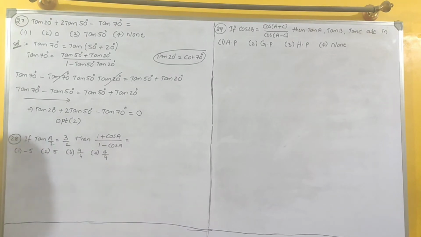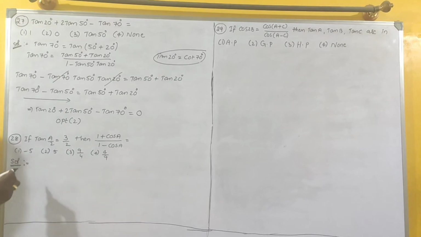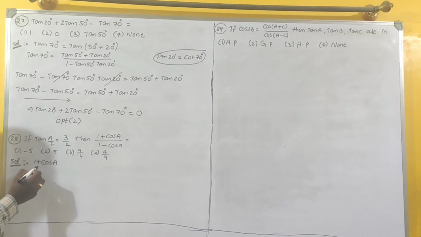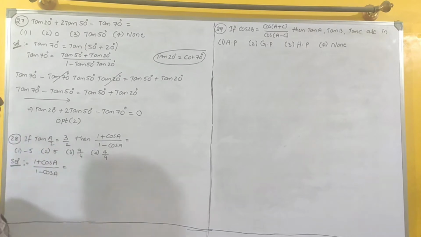Now this one. Solution. See here, tan A by 2 is given. We need to find 1 plus cos A by 1 minus cos A. We have two formulas.